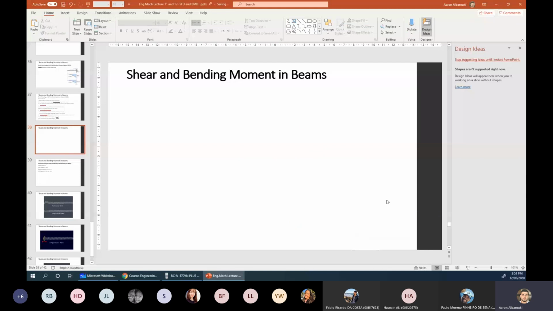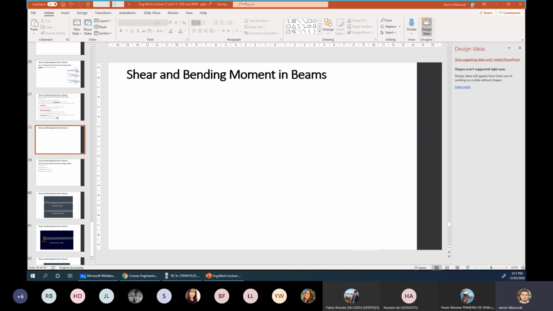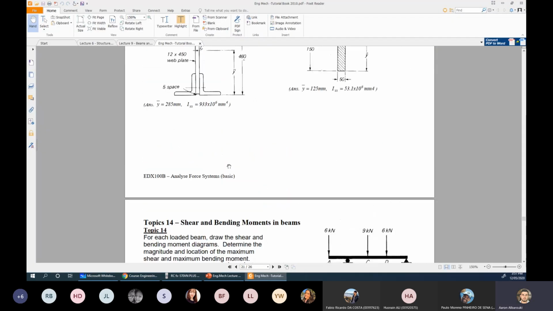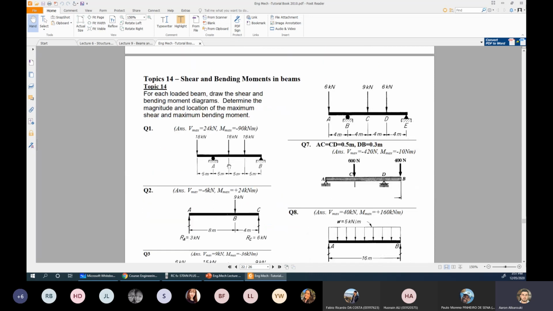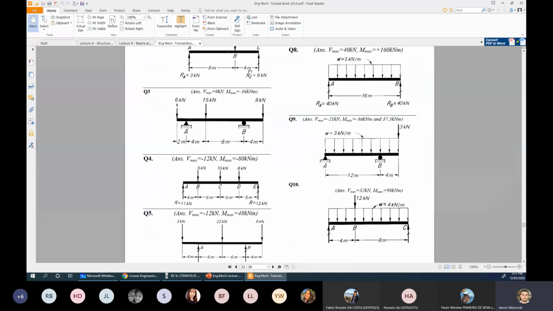To start with, just so we make sure we are on the same page, your homework would be on your tutorial booklet that you already have. You've got section 14.